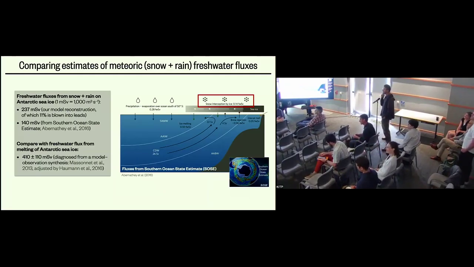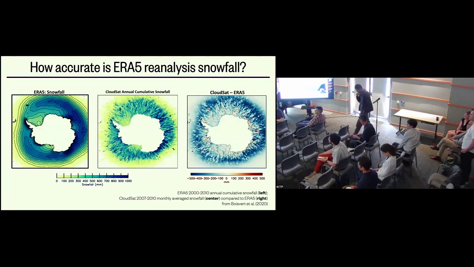So this is how good is ERA5? There's been one, I think, evaluation in a circumpolar sense. There have been others that look more locally. Comparing it in this case with CloudSat, it's pretty good. The various reanalysis products, including MERRA, tend to give the same mean picture, but there's a lot of divergence when you look at interannual variability, which I think is about a quarter of the total magnitude.